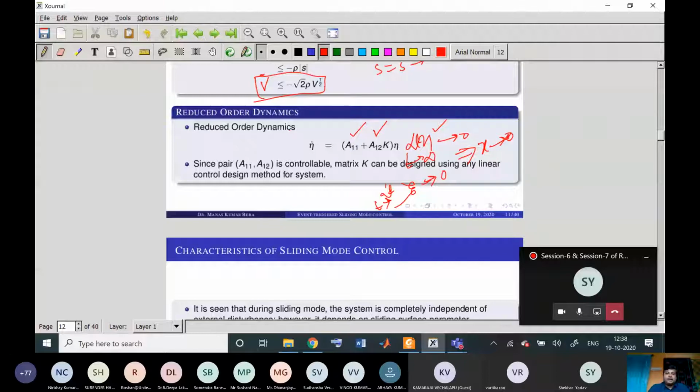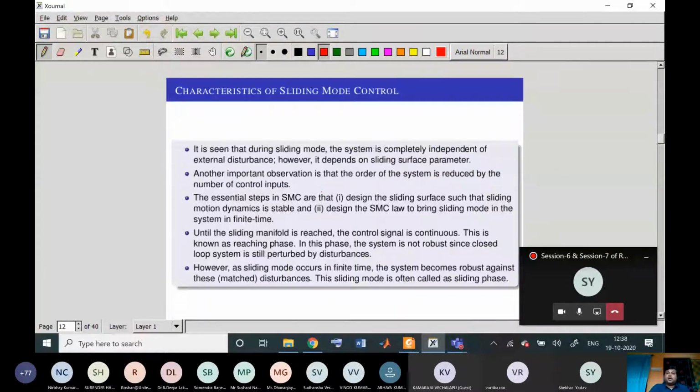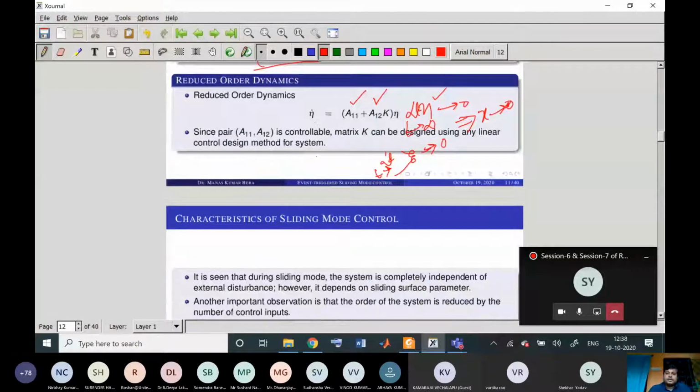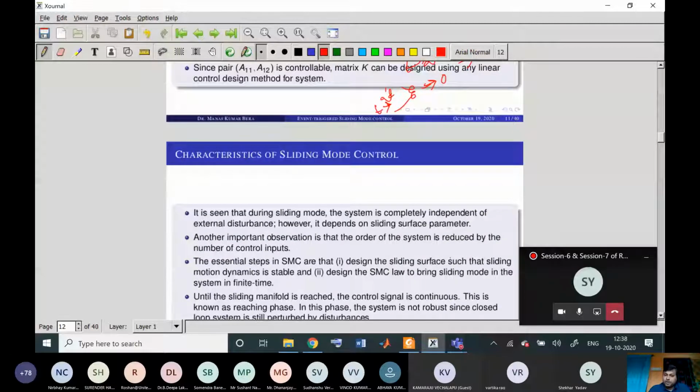Fine. And another important observation is that the order of the system is reduced by the number of control input. So what is the order of the eta? It is n minus m. If we are dealing with the single input, it will be n minus 1. So definitely the order of the system is reduced by the number of the control input.